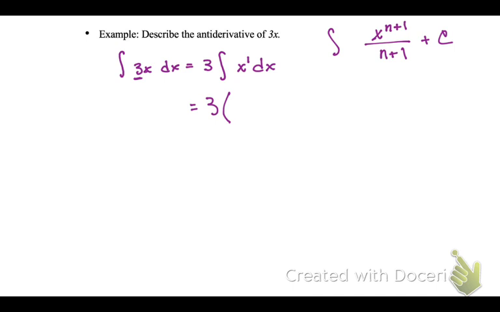times, well, what is n right now? 1. So x to the n plus 1, which is 1 plus 1, over n plus 1. So your denominator is what? 2.